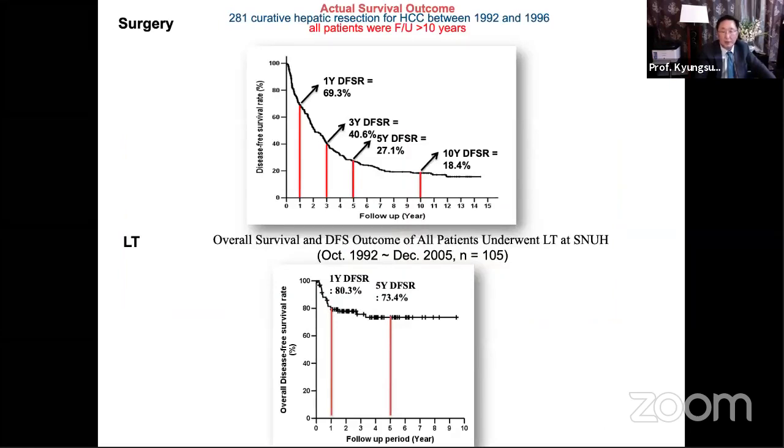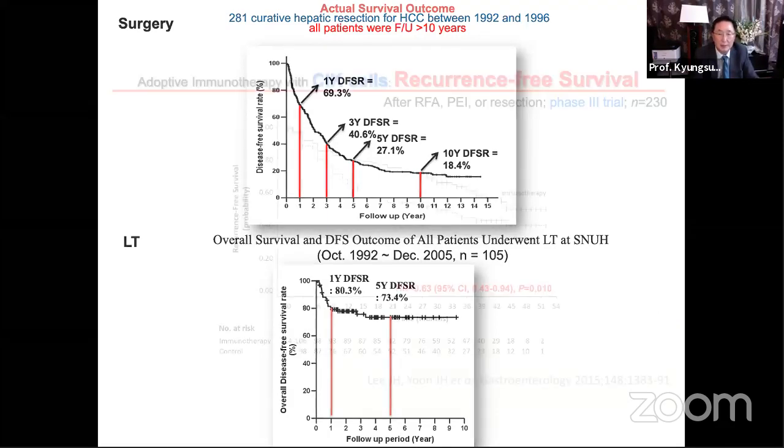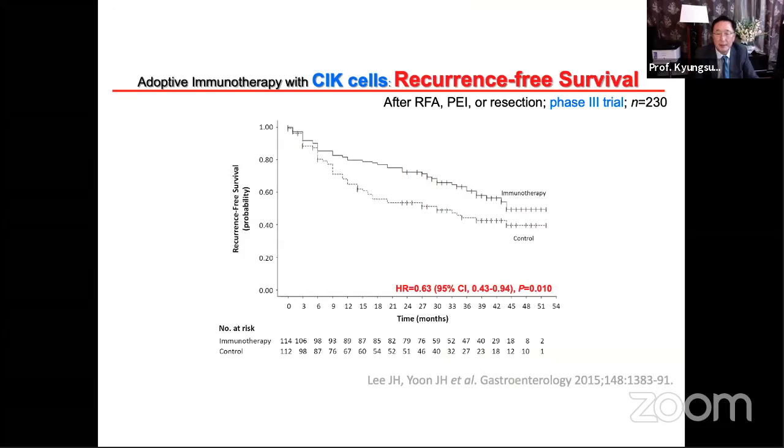This slide shows the survival curve after surgery and liver transplantation. As you can see, survival continuously decreases in the resected group. On the other hand, the survival after liver transplantation remains stable after the initial drop. So that means we need something to do.